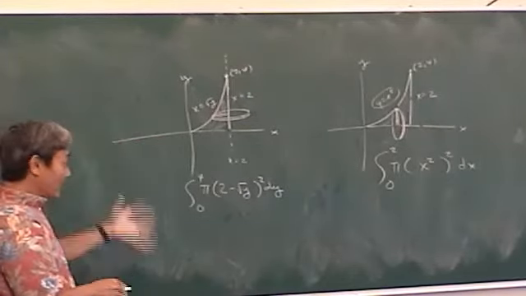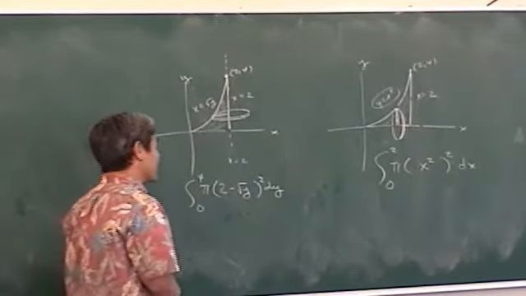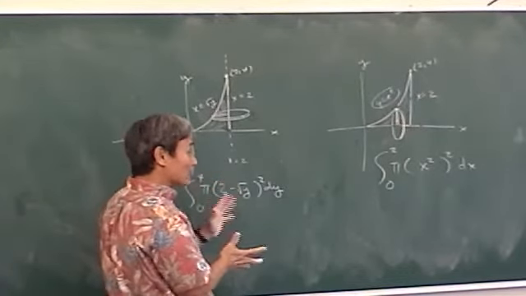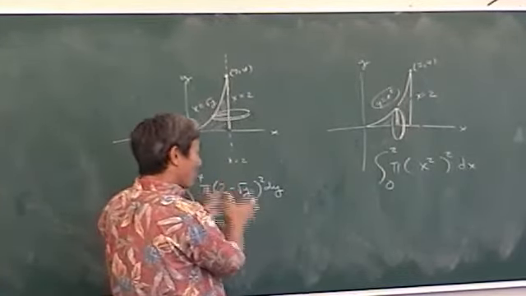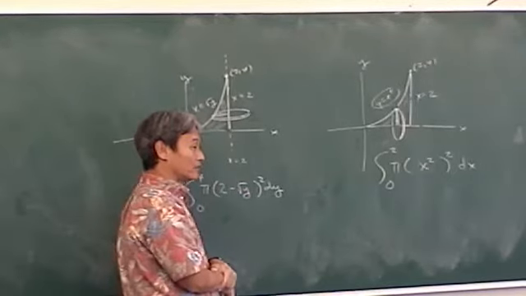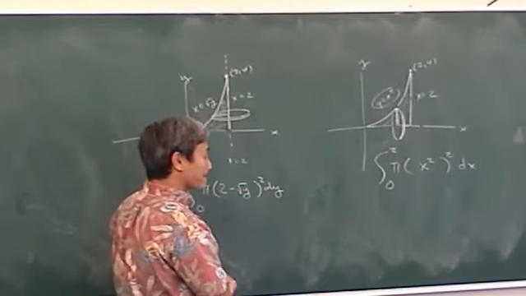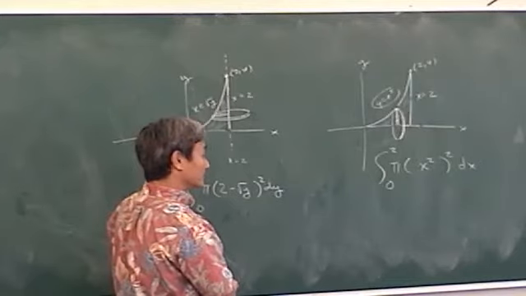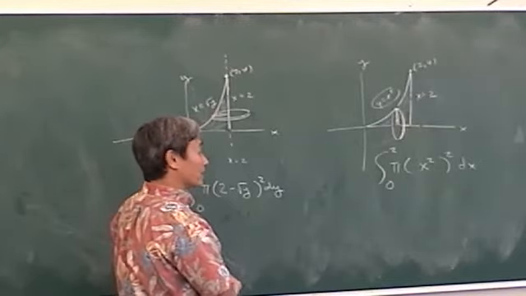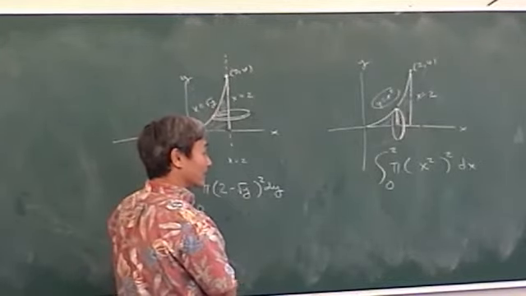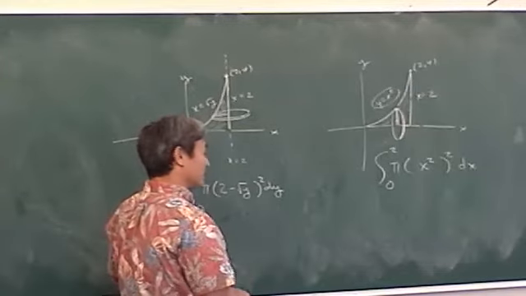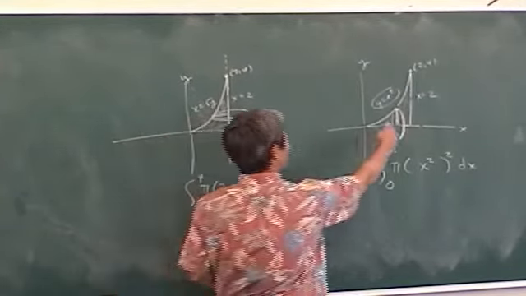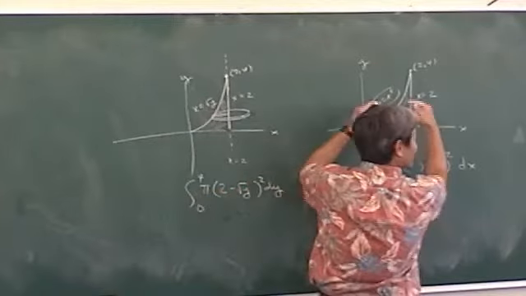The key is, and I think I said this so many times already, the key is the rectangle. The rectangle tells you whether you're going to get a disk, a washer, or a shell. Wait, aren't those the same two graphs? So how come one goes vertical and one goes horizontal? Oh, because this one, we're revolving it about the x-axis, which is this way.